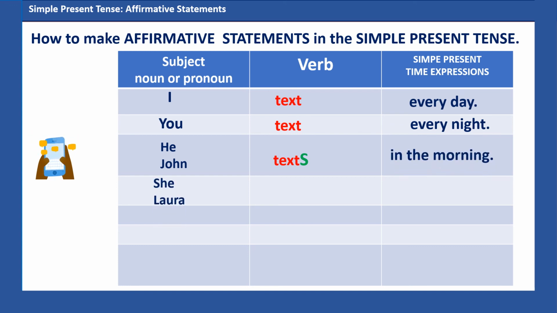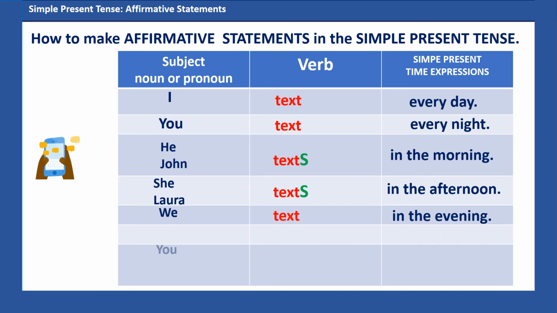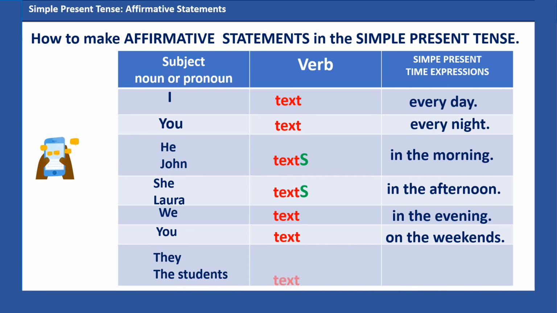She, pronoun, Laura, noun, texts in the afternoon. We text in the evening. You text on the weekends. And they, pronoun, or the noun, the students, text on the weekends.